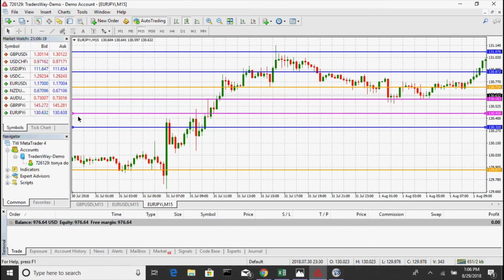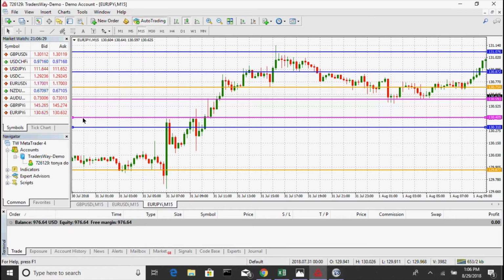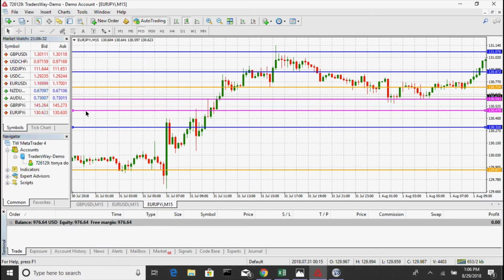Then to add another line. This one has about, let's see. About 10 pips, not quite 3 points of contact, but let's look at this.